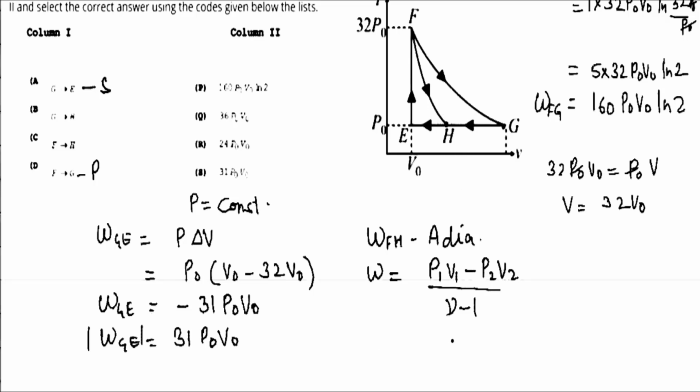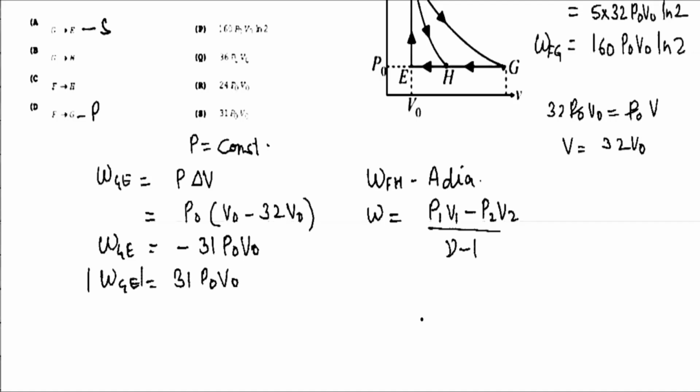So let us try to apply the adiabatic relation between points F and H to find out the relationship. So how do we apply? We know that P1 V1 to the power gamma is equal to P2 V2 to the power gamma. So from here P1 is 32 times P naught, and V1 we know is V naught to the power gamma, and gamma is simply 5 by 3, since this is 1 mole of monoatomic gas.